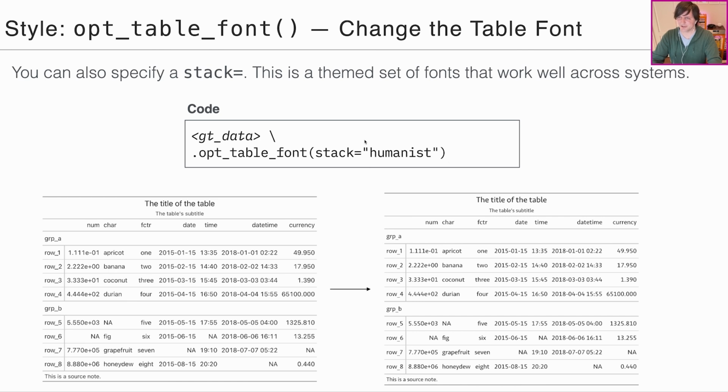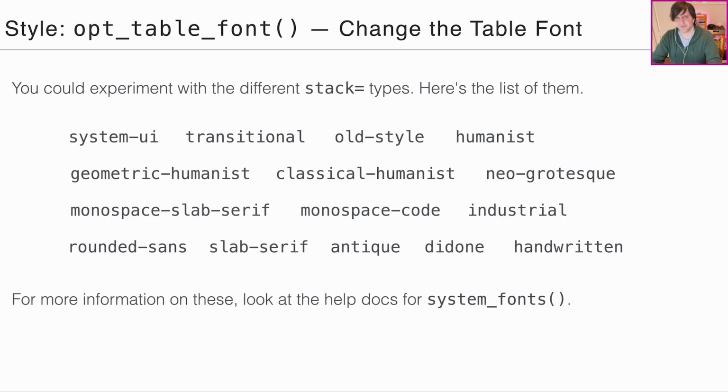But the idea here is that you just choose a keyword and it works across different types of OSs and different platforms. So there's many different stack types, and these are just a number of keywords. You can choose monospace fonts, you can choose things which are script or handwritten, and there's lots of information about these in the help docs for system_fonts.